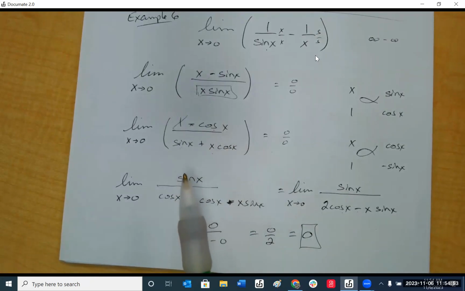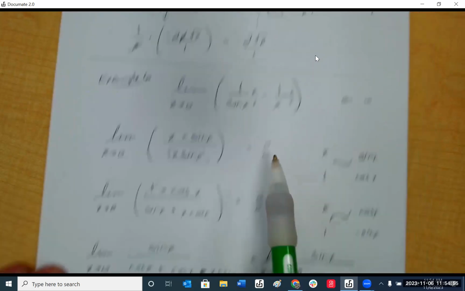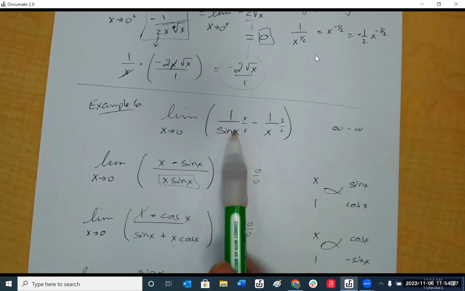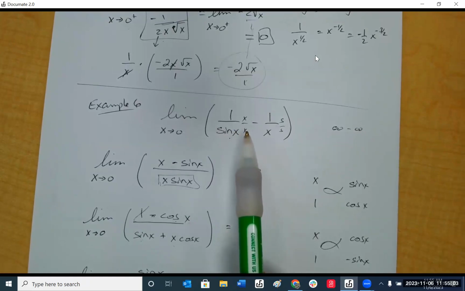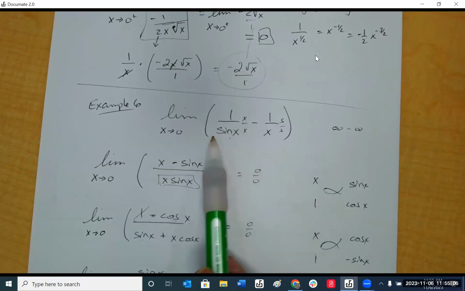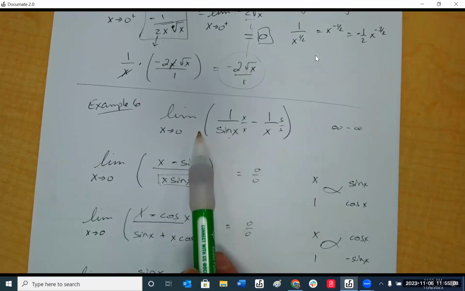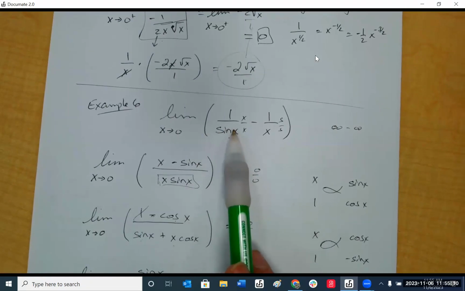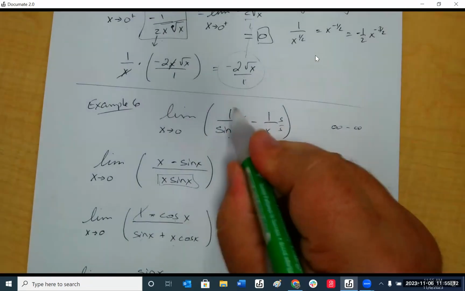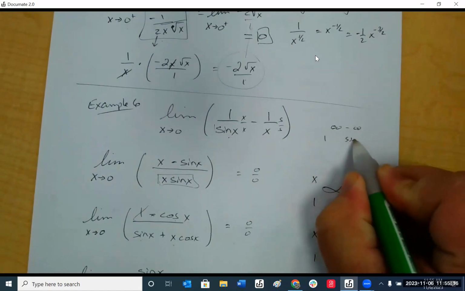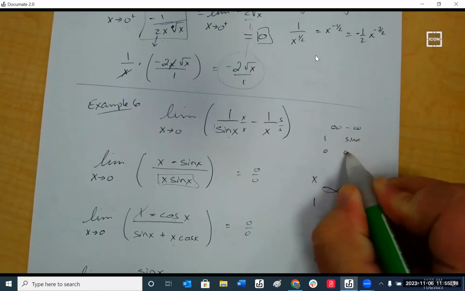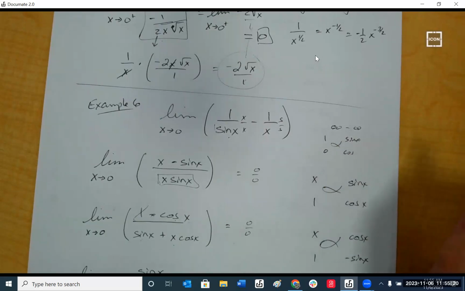So the question then would be, as you were saying, what if we did the quotient rule? Well, because then we'd have sine times 0 minus, well, we still have 0 there, because look at if we did the quotient rule here, we have 1 sine x, 0 cosine. Right.